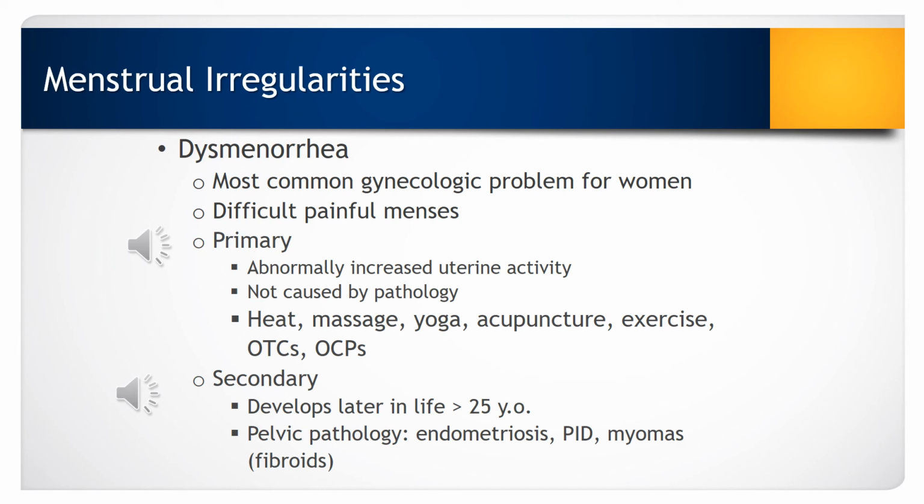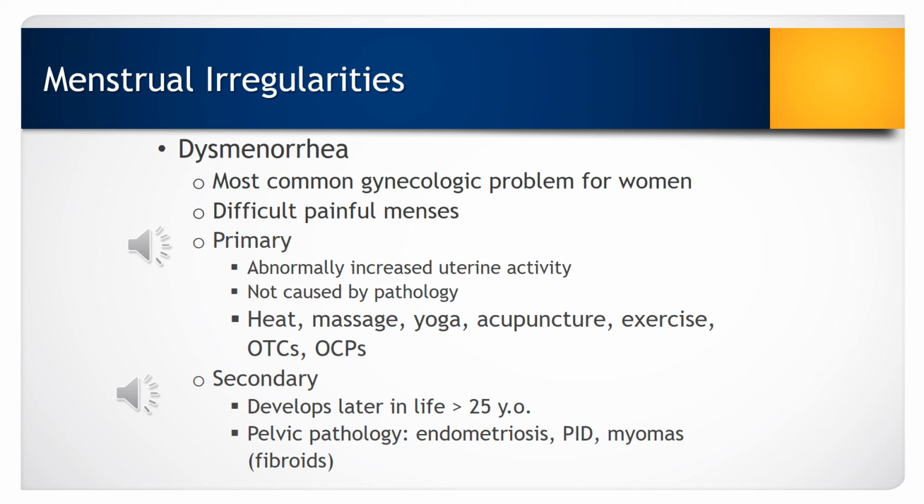Unlike primary dysmenorrhea, secondary dysmenorrhea is caused by some type of pelvic pathology or anatomical dysfunction, such as things like endometriosis, pelvic inflammatory disease, which is PID, myomas, otherwise known as fibroids, that can cause painful menses for women.